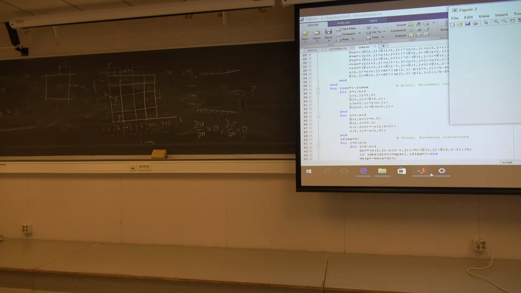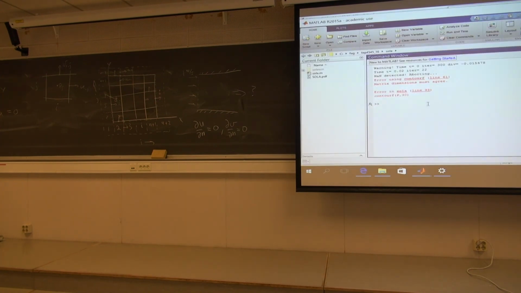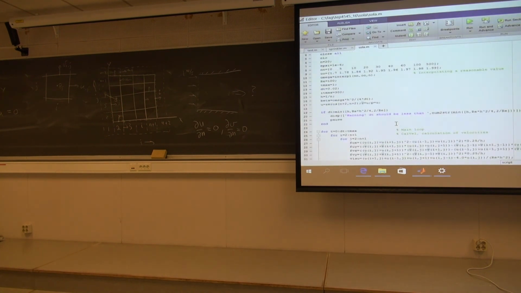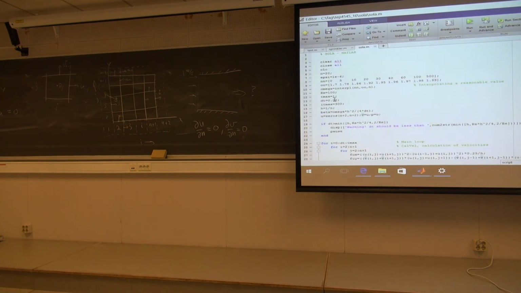He exploded very fast. Let's see. So when this happens, we just have to use a smaller time step. That's no big deal. Smaller time step. Go from 2 to 1 and see if that helps.